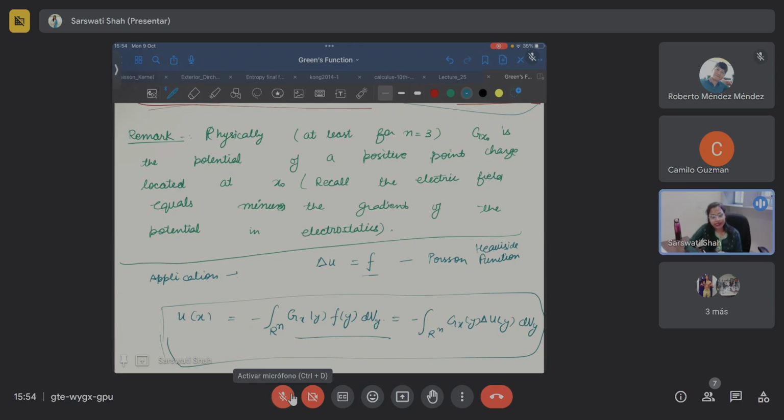In the last few classes, we were talking about the Heaviside function, and then what we were doing, we took Laplacian of u equals 0, u and another function v, and either u or v were vanishing on the boundary.